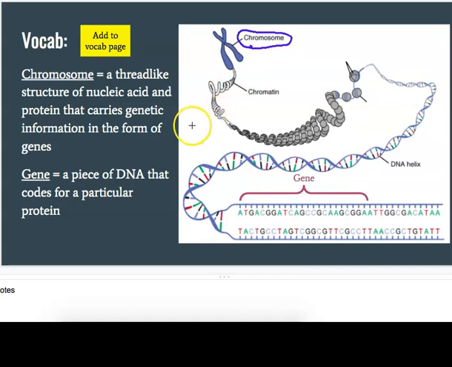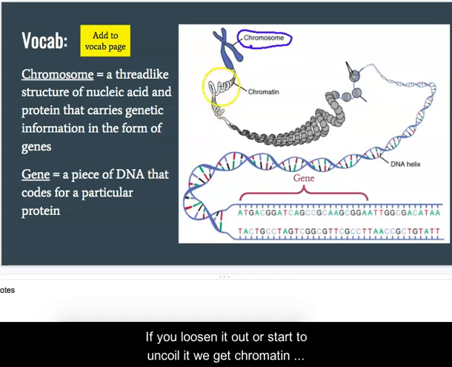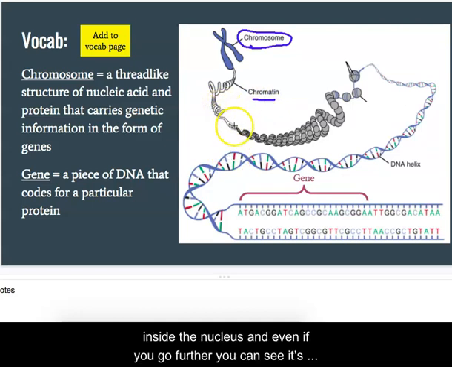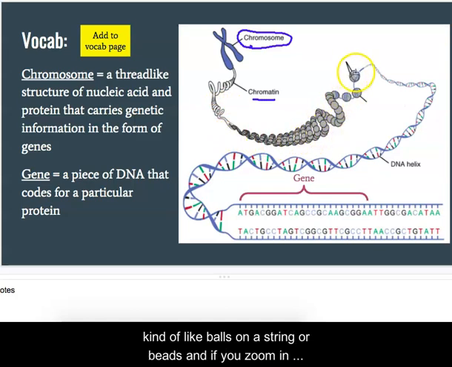that's what a chromosome is. If you loosen it out or start to uncoil it, we get chromatin, which is that spaghetti-like stuff that DNA is usually in inside the nucleus. And even if you go further, you can see it's like balls on a string or beads.